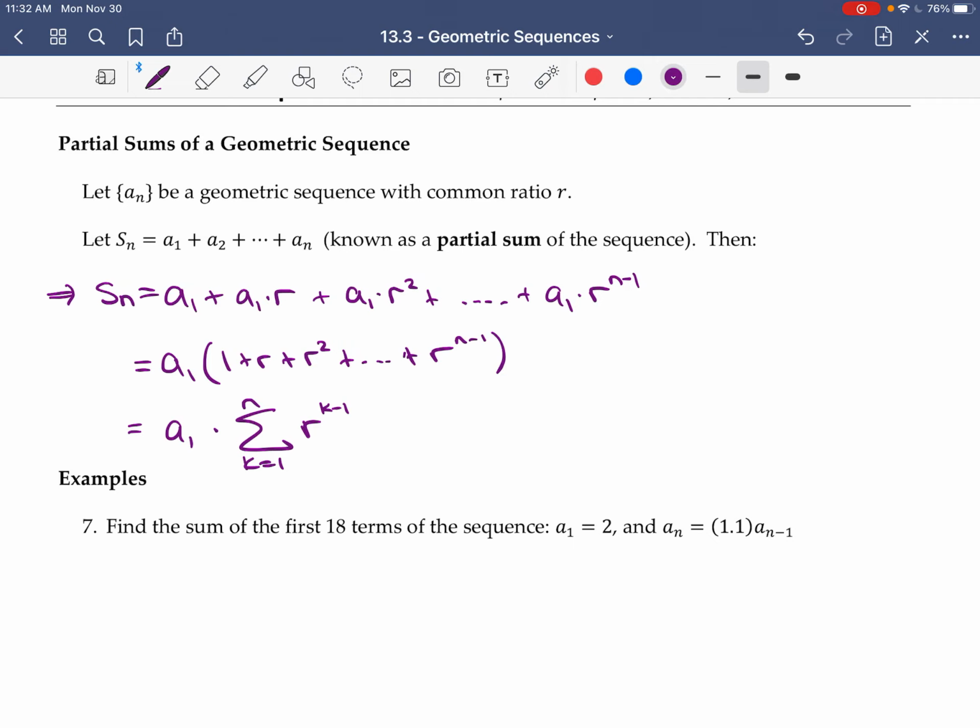Okay, so then the 1 here is r to the 1 minus 1, but it's r to the 0. Okay, so that gives you 1. So this is r to the 2 minus 1 here, this is r to the 3 minus 1, etc.